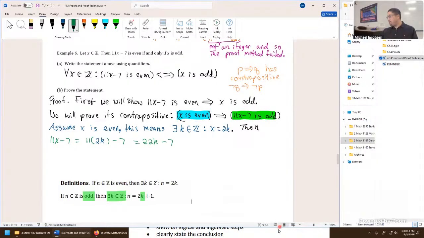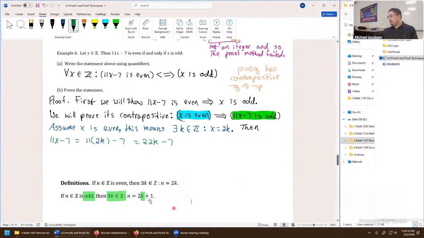So first thing I need to make that work is I need a +1 inside there. I can't just put +1 here without balancing the equation, so we can rewrite this as 22k minus 8 plus 1. That does the job because this combines like terms back to the -7. Once we have the +1, now we can factor out 2 from these terms right here.